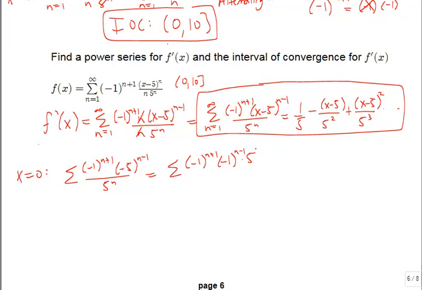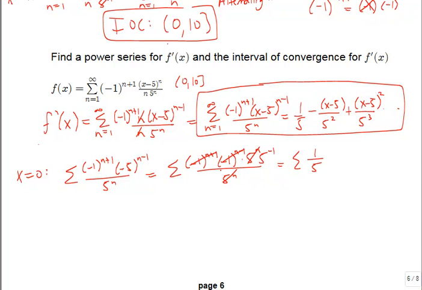And then I get a 5 to the n minus 1, which is like a 5 to the n and a 5 to the negative 1. These will cancel. If you look at those powers, this is going to be n plus 1 plus n minus 1. When you add n plus 1 and n minus 1, you get 2n, which is always even. So negative 1 to the 2n is always positive 1. So these sort of cancel each other out, and 5 to the negative 1 is just 1/5.